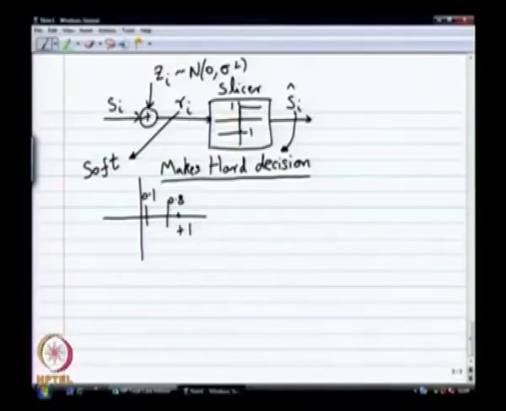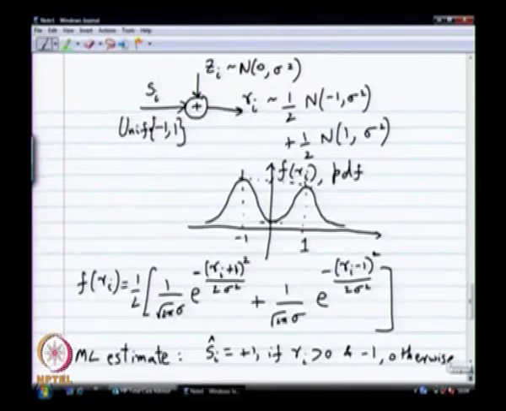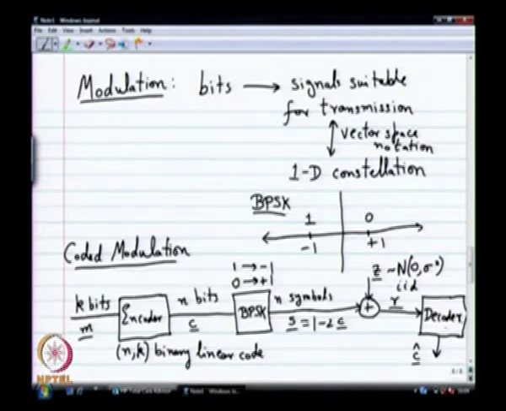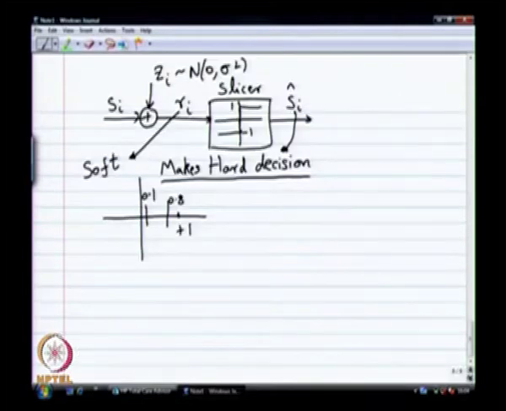But having Ri itself might be more useful because it has more information in it. The value can mean something. So one choice for your decoders, remember there was a decoder I drew working on R, is a hard decision decoder. So let us say I do a hard decision decoder.